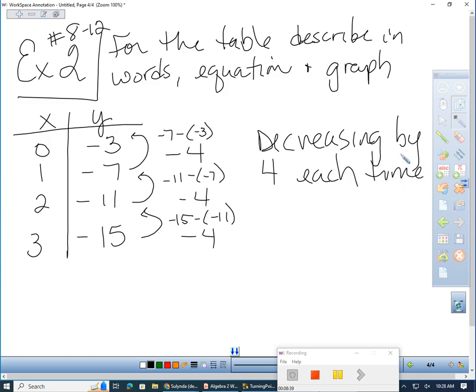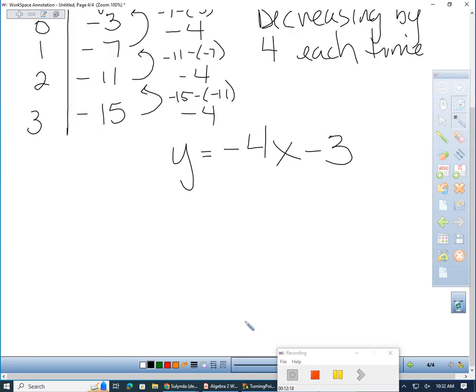Right? You agree? Okay. Our equation, y equals, what number goes in the first blank? -4x. What number goes in the end blank? -3. That is exactly across from 0, right? Okay, last thing we have to do is put those numbers in a graph. Yep. 0, -3. Put a dot. 1, -7. Now, do I need to go over how to graph it all?